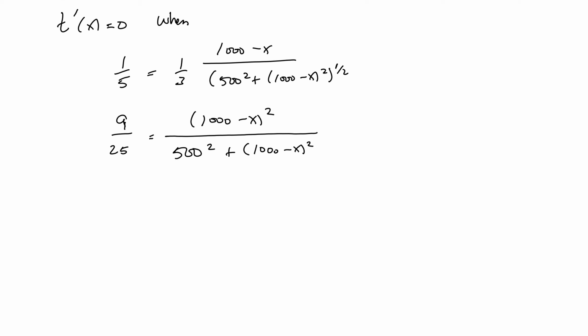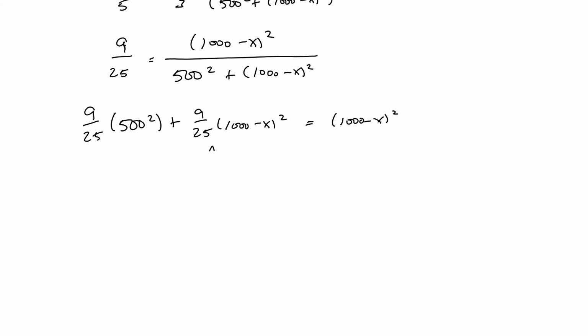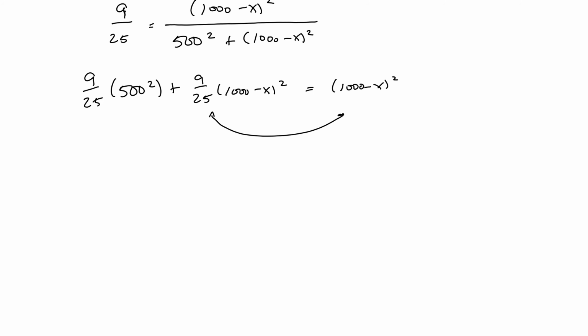So now let's clear the denominators out. And so I'm going to have 9 over 25 times 500 squared plus 9 over 25 times 1,000 minus x squared equals 1,000 minus x squared. So bring that 9/25 over to the other side.